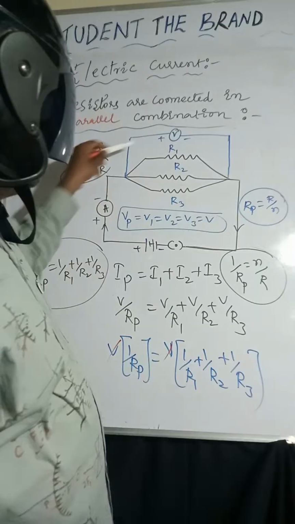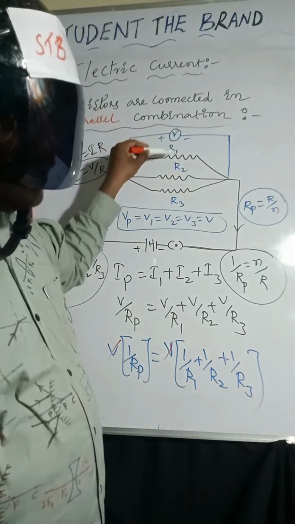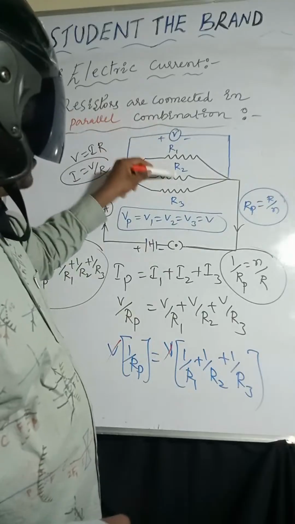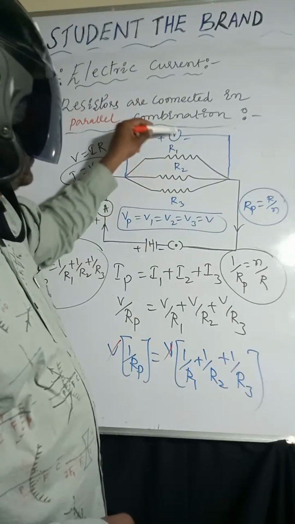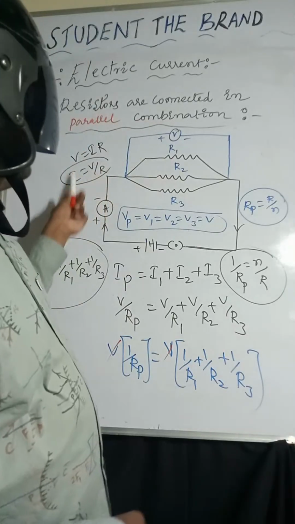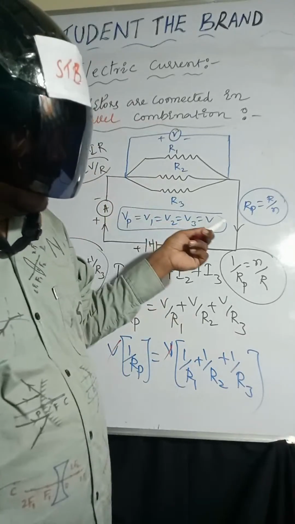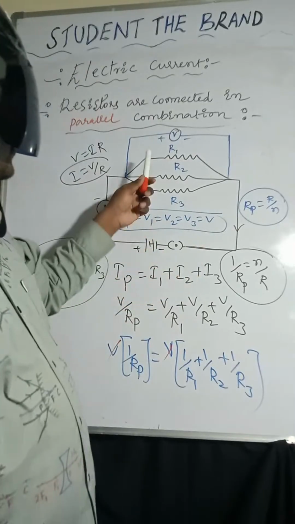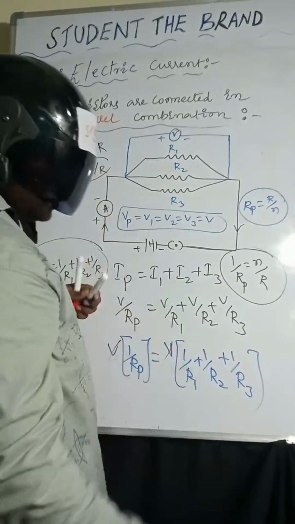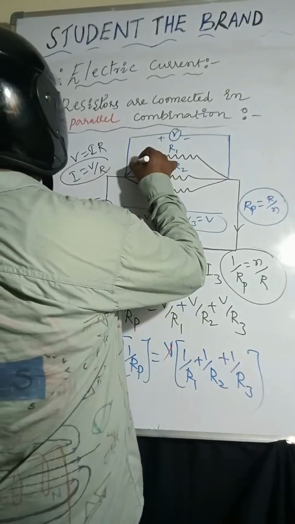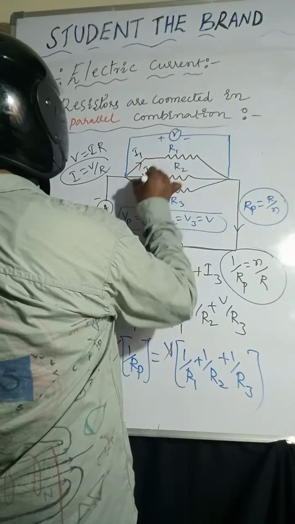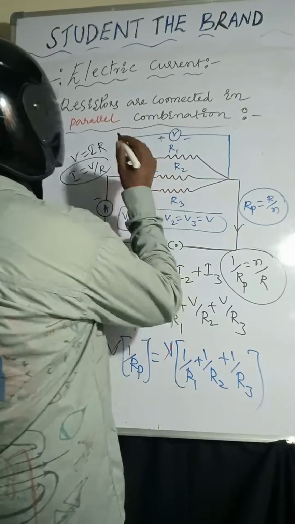Current starts flowing. The potential difference across R1, R2, R3 is V. From Ohm's law, V equals IR, so I equals V by R. Potential difference is the same. So current passes through R1 as I1, through R2 as I2, through R3 as I3.